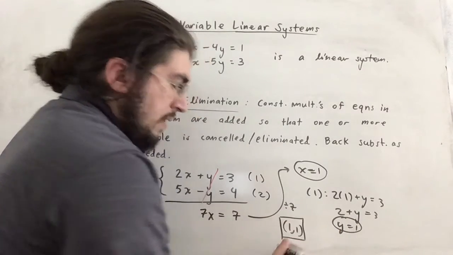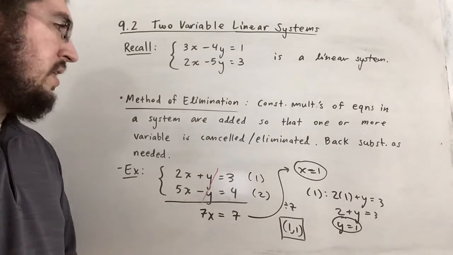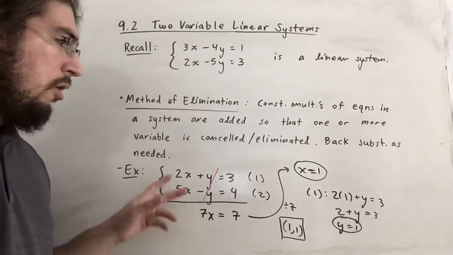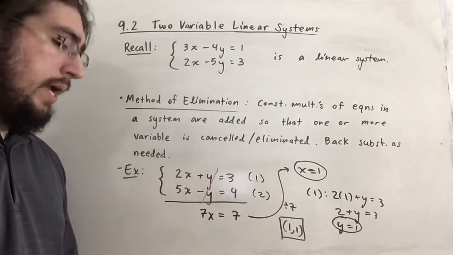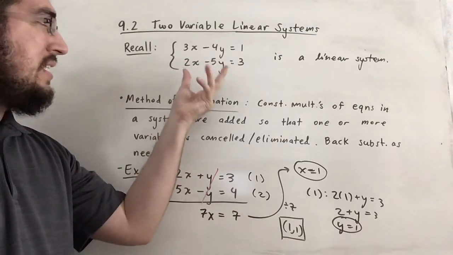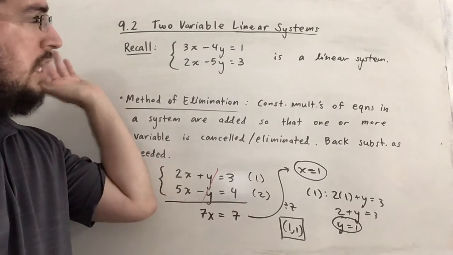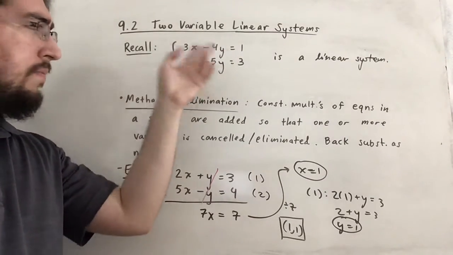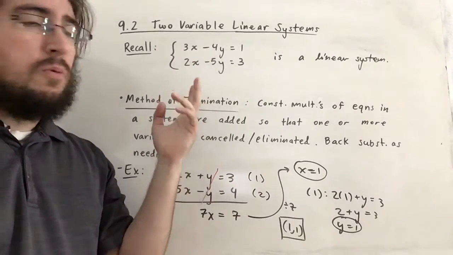Fantastic. Now why did I say constant multiples of equations are added? Because not all the time will you have a nice scenario like this where just adding together does the trick right away. In fact, we notice here with this problem, if you add these together, neither x nor y eliminates. In fact, if you were to multiply the top or bottom equation by any integer, you'll never get one of the other ones.